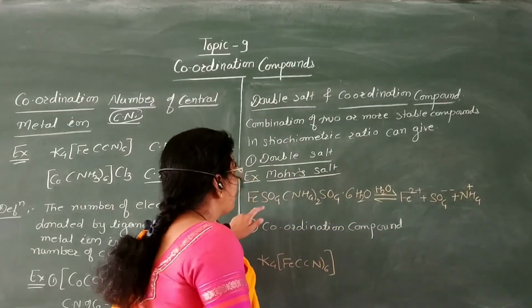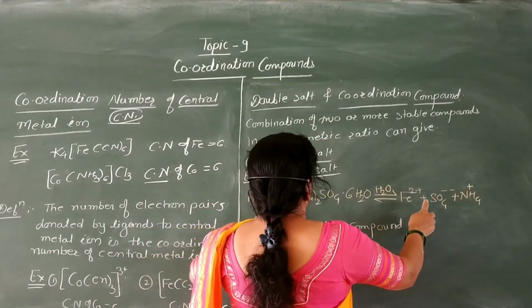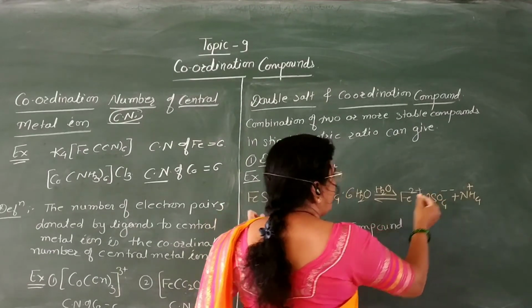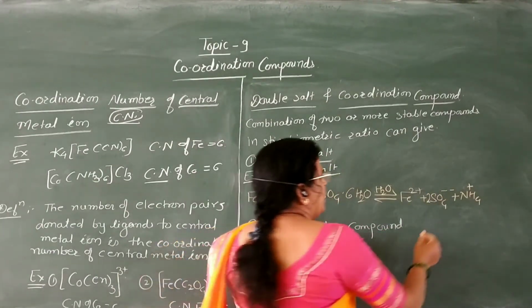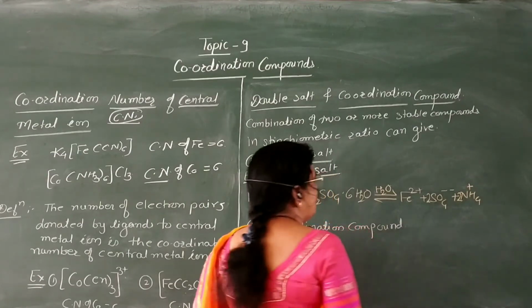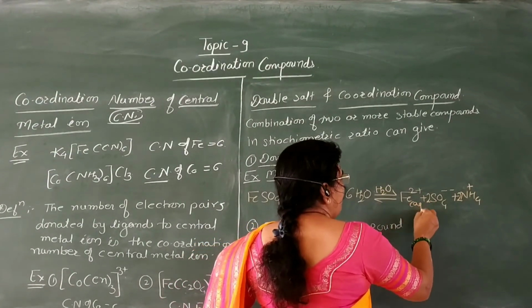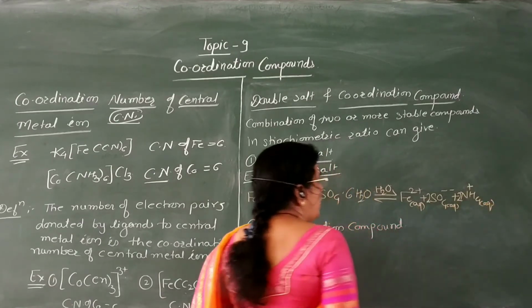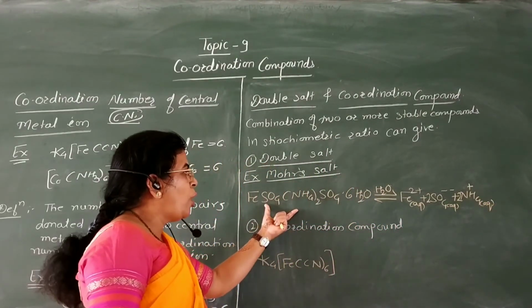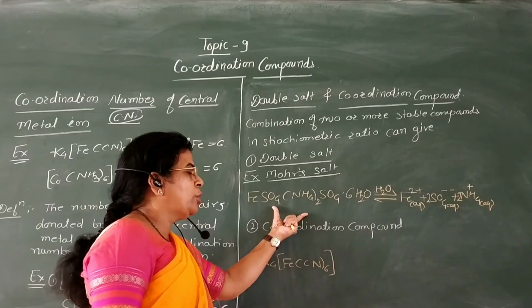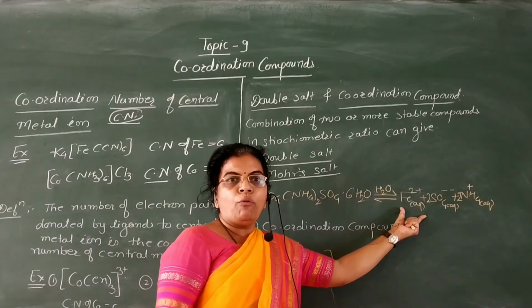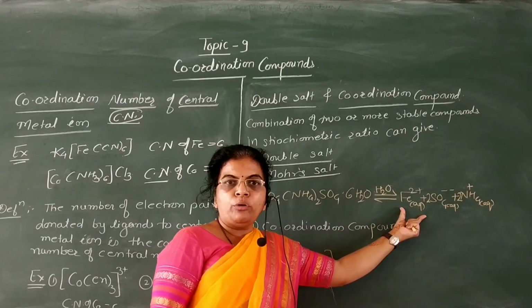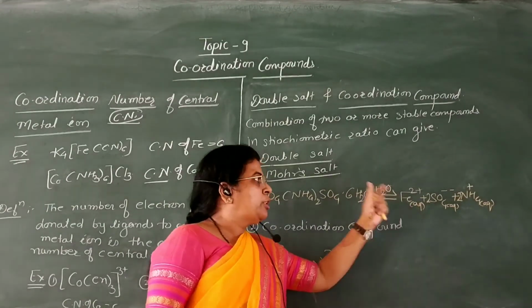That is, here 2 SO4 2- ions are formed, then 2 NH4+ ions are formed. All are in aqueous state. That is, each component present in this double salt undergoes dissociation to give various types of ions, either positively charged or negatively charged.